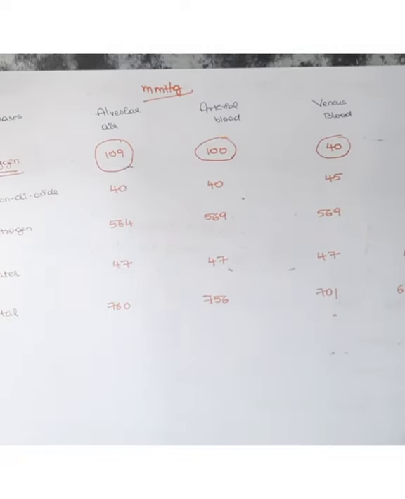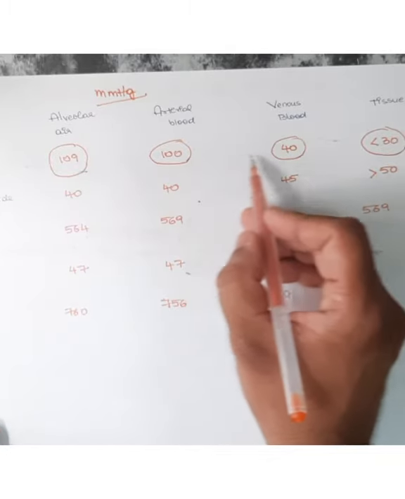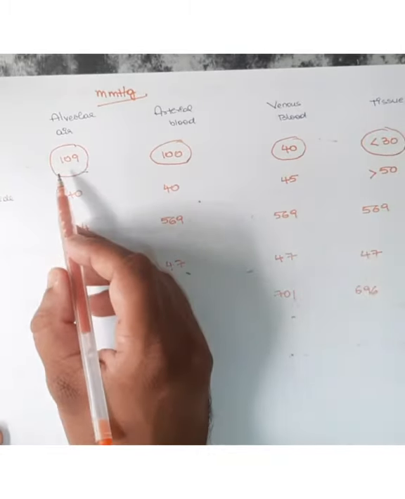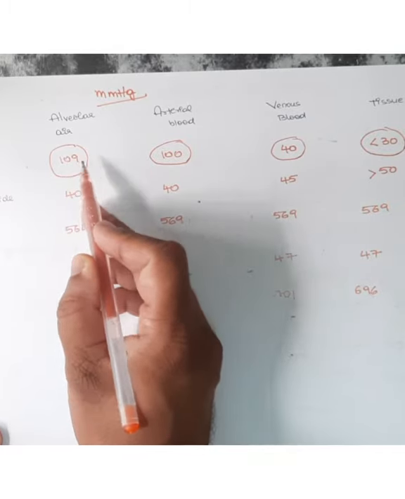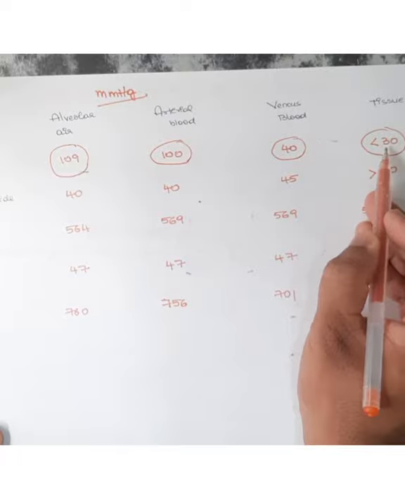By the previous explanation, gases move through diffusion from high pressure to low pressure. You can see the pressure goes on decreasing from the alveoli to the tissue. So the movement of oxygen will be from alveolar air into the arterial blood, then into the tissues.